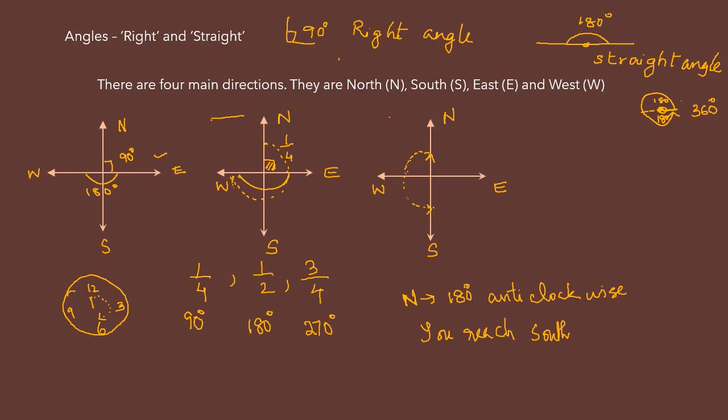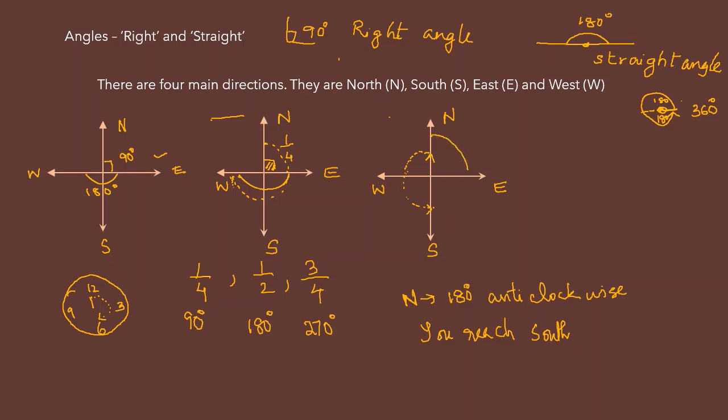Now in a similar way, if I am asking you north to north clockwise 180-degree also, if you rotate, similarly you are reaching south only. But from north, if I say 90-degree clockwise, you will be reaching east.